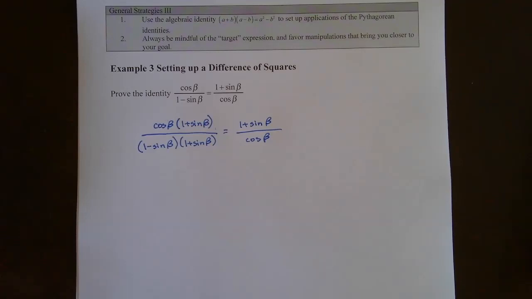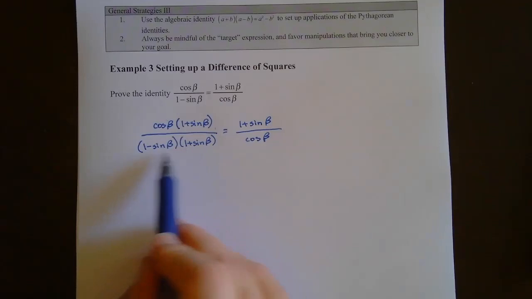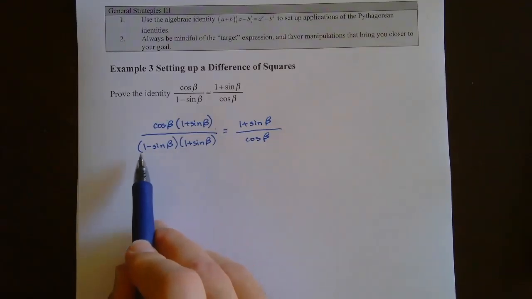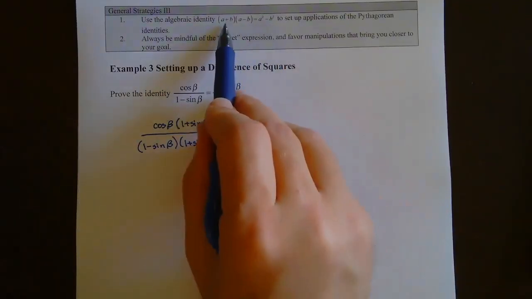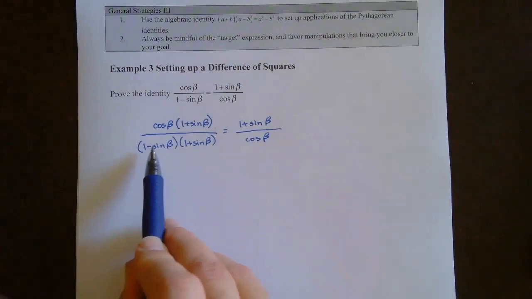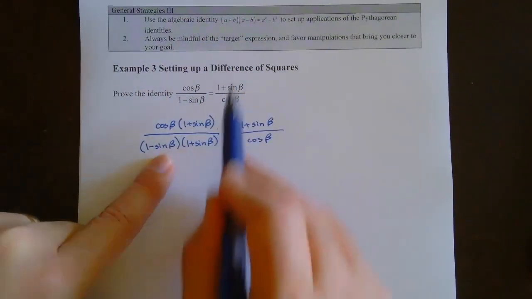Well, how about multiplying this out? Notice this is a difference of squares. This is the factoring of a difference of squares. What if I multiplied it out? We have 1 in the A spot and sine beta in the B spot.